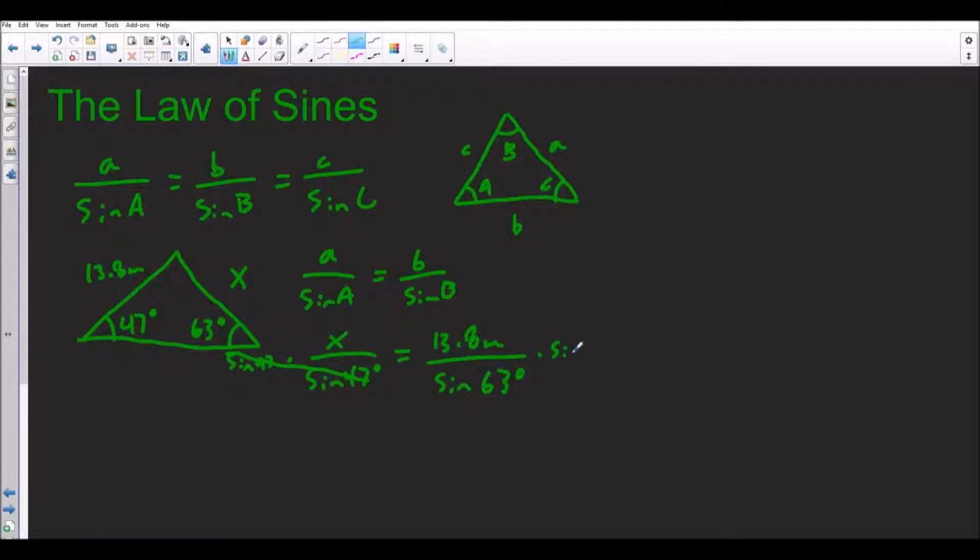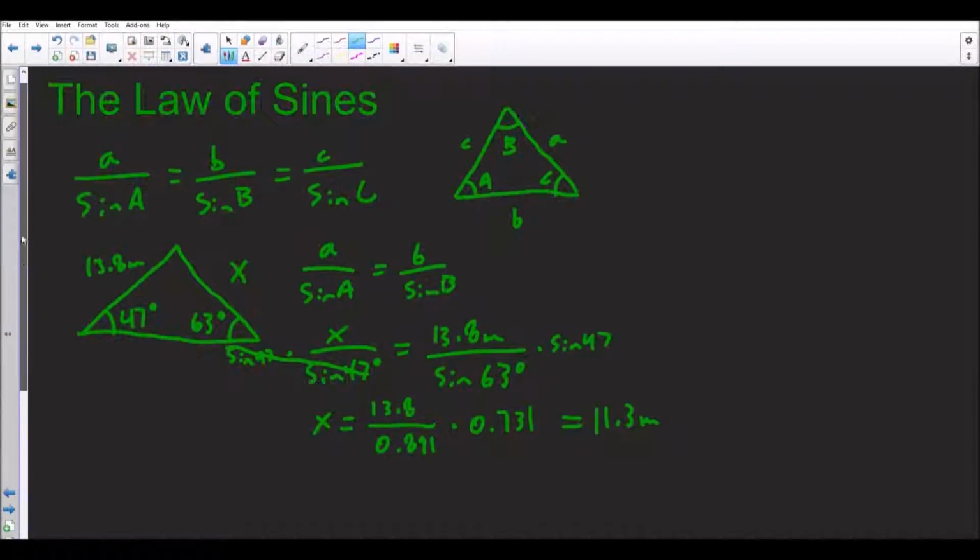Then x is going to equal 13.8 divided by sine of 63, which is 0.891, and then that's all multiplied by 0.731. When you work that out in your calculator, that's just going to equal 11.3 meters. And that's just how easy it is. Every single law of sines question is exactly this same kind of thing.